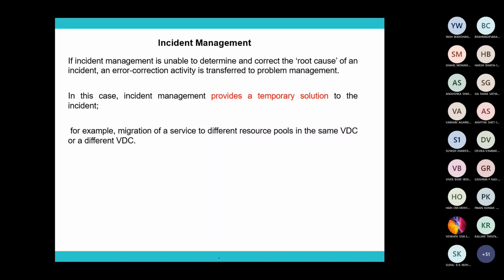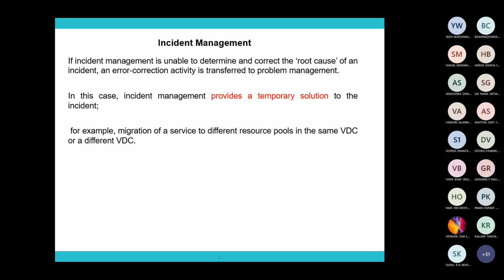Okay, so this incident management provides the temporary solution. In case a component fails, it tries to provide a temporary solution. But at the same time, you have to make sure that the component which failed has to be replaced with a new component. Maybe one scenario is mentioned.